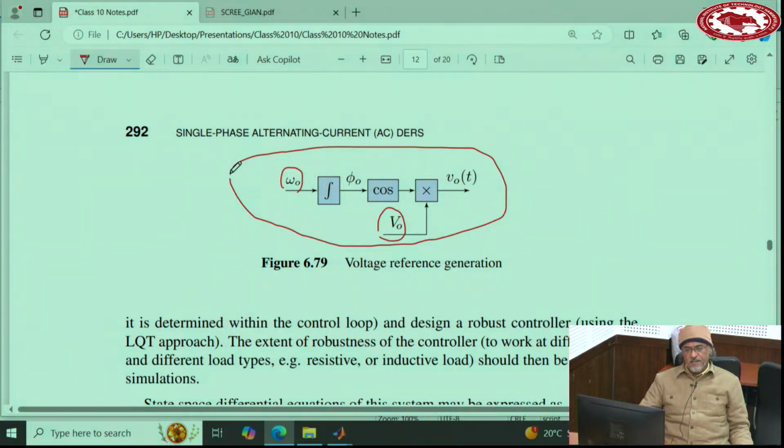So we generated that here and gave it as a reference, so the converter generates this voltage. In grid forming, this converter is connected to some assets out there on the AC side. There could be other converters or other resources, and all together they form a grid.